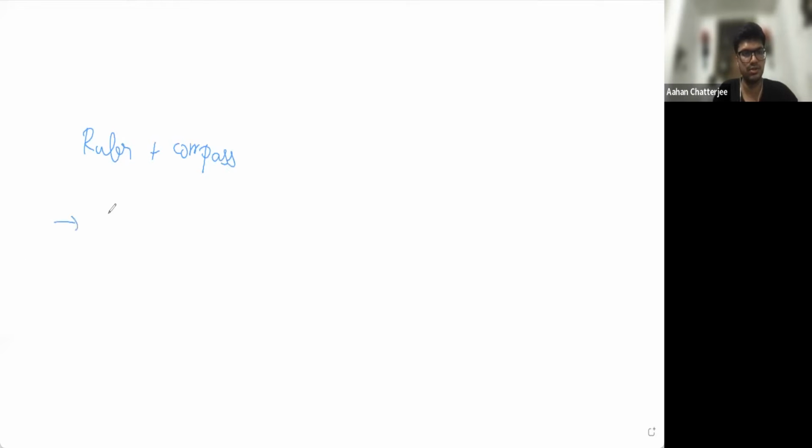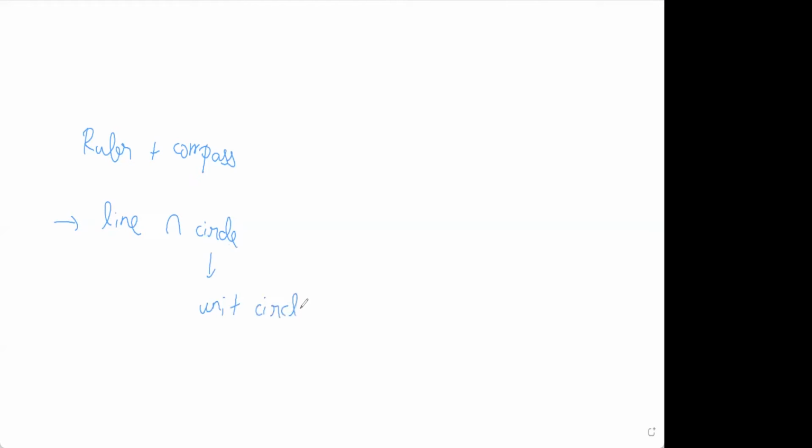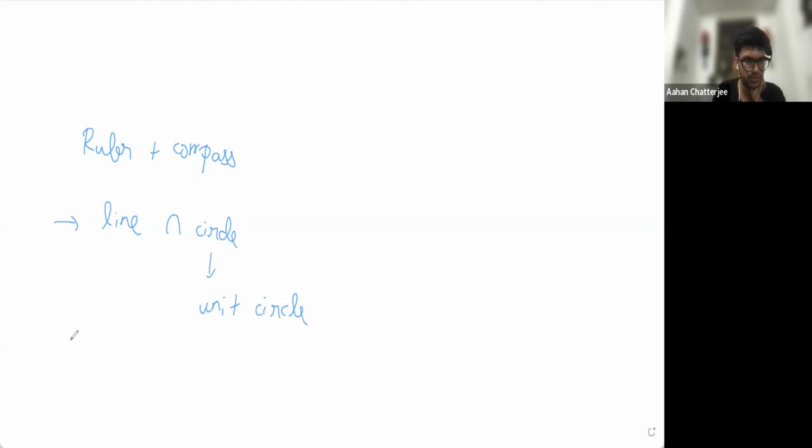So this will be an intersection of a line and a circle. Now, by translation, I can assume that the circle is the unit circle. Is this fine? Then suppose we are constructing alpha, and the points on the line were Z1 and Z2.